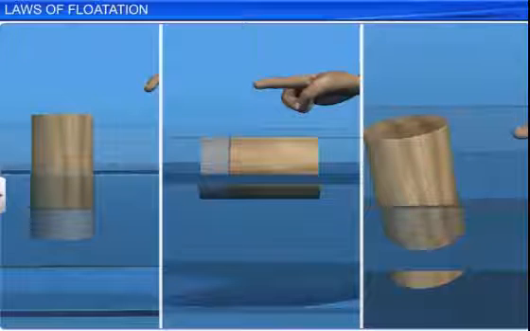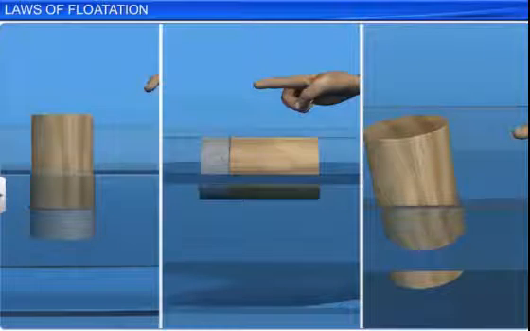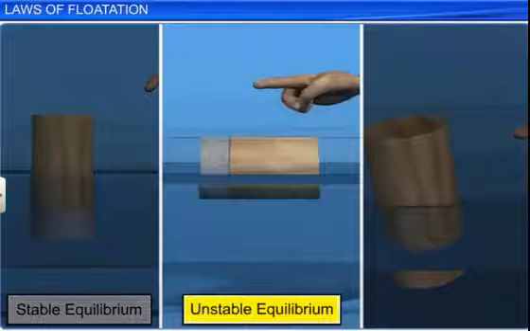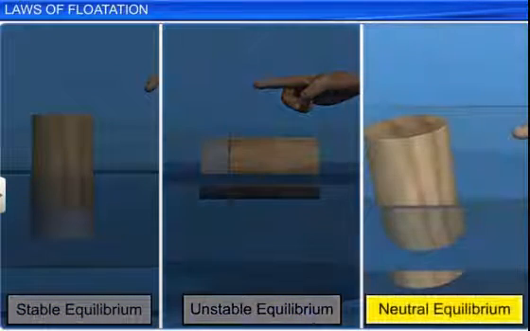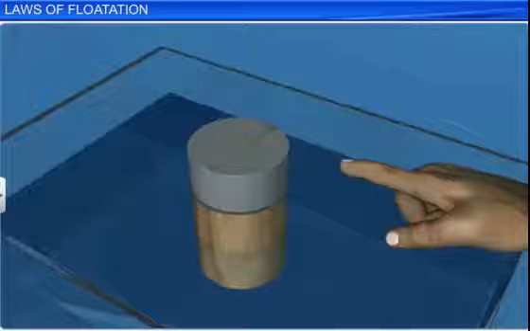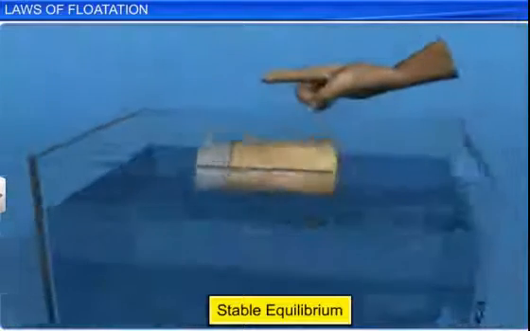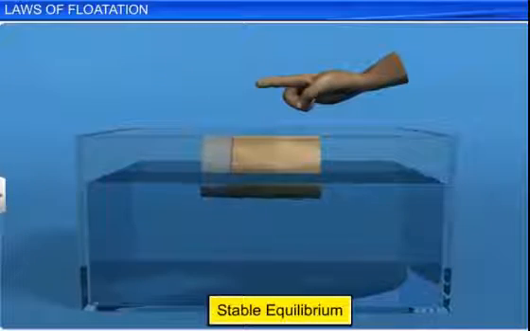Let us now discuss the different types of equilibrium states of a floating body. There are three types of equilibrium states: stable equilibrium, unstable equilibrium, and neutral equilibrium. A floating body is said to be in a stable equilibrium if the body returns to its original position after a small angular displacement.